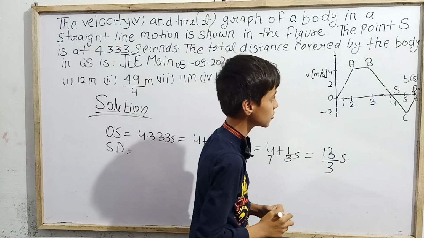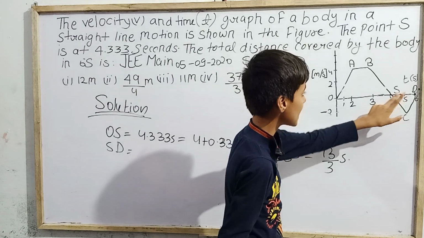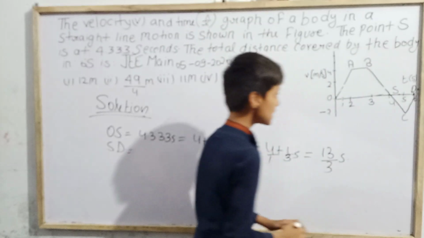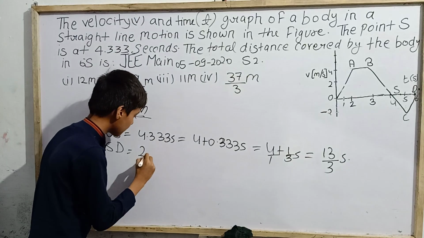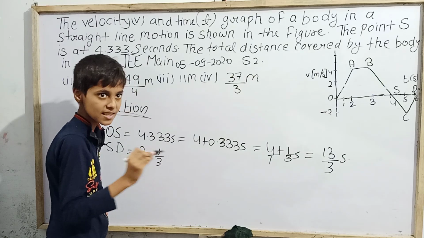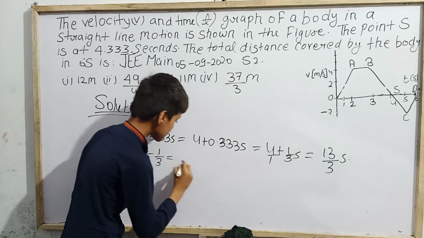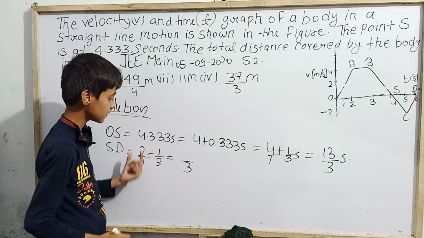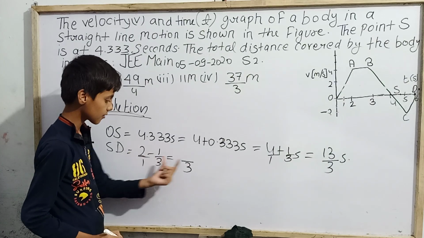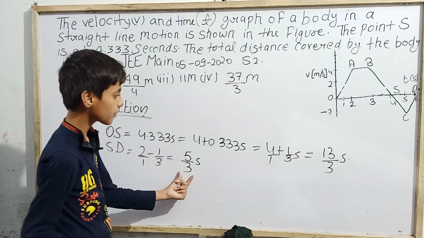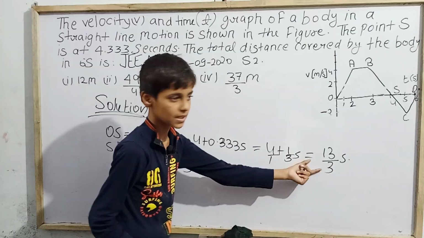Since S is at 1 by 3 seconds beyond 4, S to D will be 2 minus 1 by 3, which is 2 by 1 minus 1 by 3. Taking 3 as the denominator, 3 times 2 is 6, 6 minus 1 is 5, so 5 by 3 seconds. Now we got SD as 5 by 3 seconds and OS as 13 by 3 seconds.